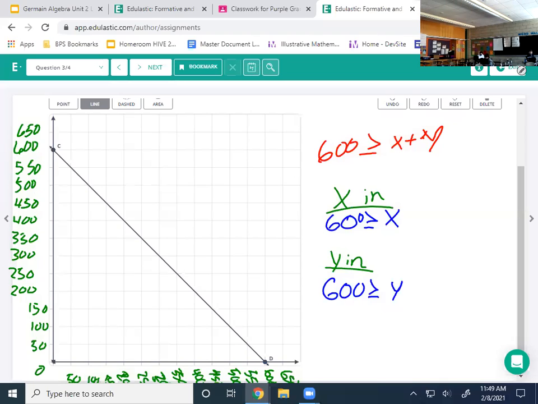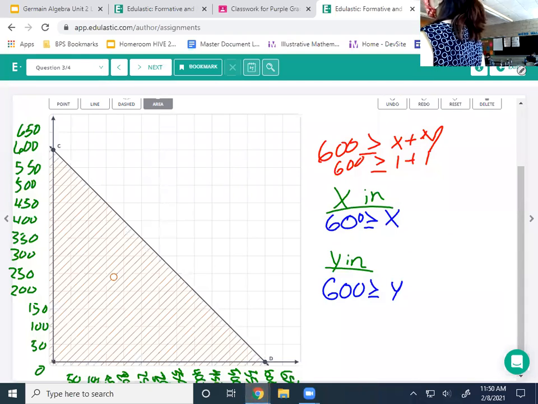You could plug in 1. 1 plus 1 is less than or equal to 600. Is that a true statement? So where are you shading? Above or below? Below, very good. Below and to the left. So I'm going to hit that area. I'm going to shade below. Very good. So there's my graph.